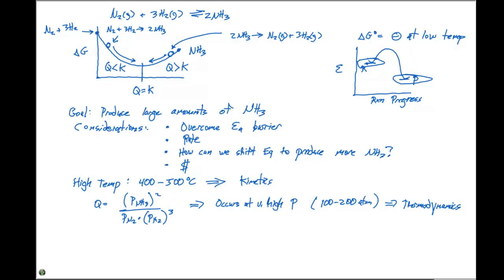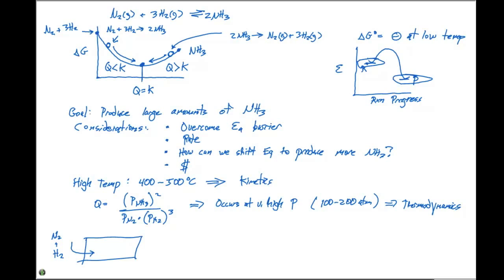One other thing that happens during this process: let's just say we take this big huge vessel right here, and we pump in nitrogen gas and hydrogen gas. As we pump that in, our system is going to reach equilibrium down here, regardless of what temperature we reacted at.